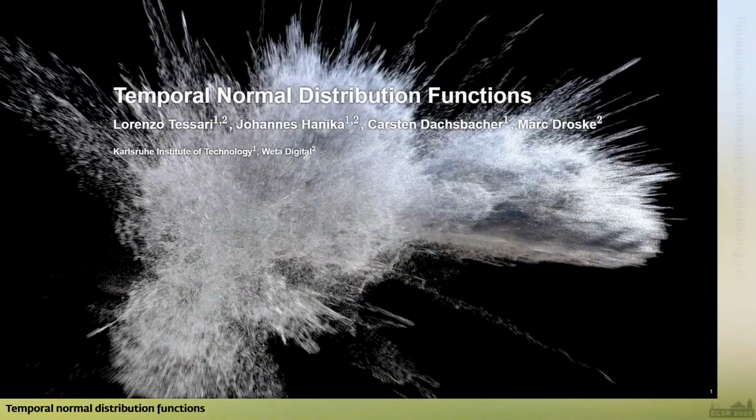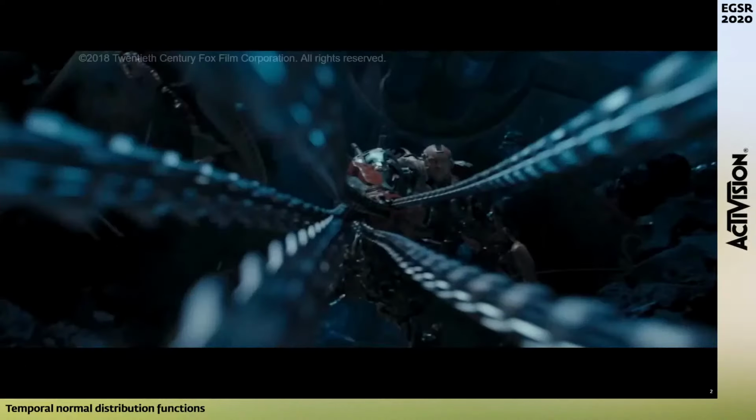Hi everybody, welcome to our presentation. We're going to show you how to have nice motion blurred highlights in less time than before. But before starting, let's have a look at a motivational example. Here you can see the bad guy using a fearsome motion blurred rough metal quintuple chain.